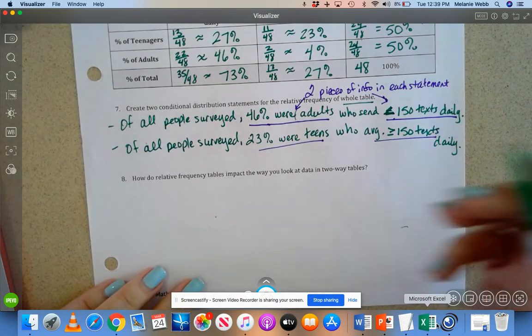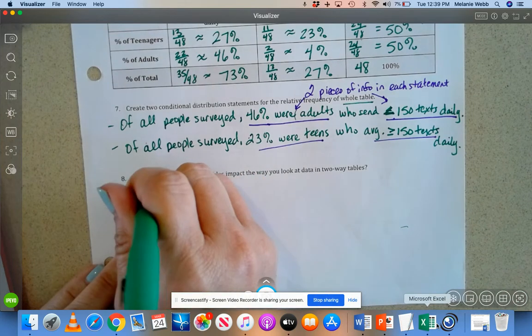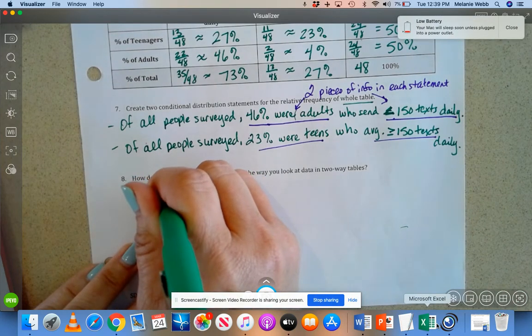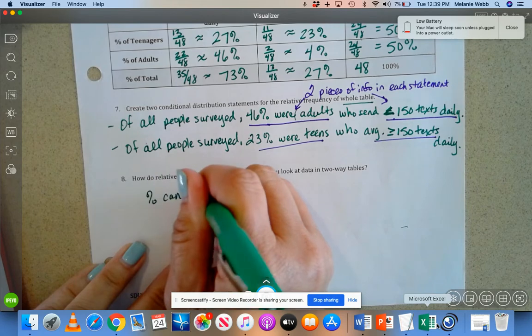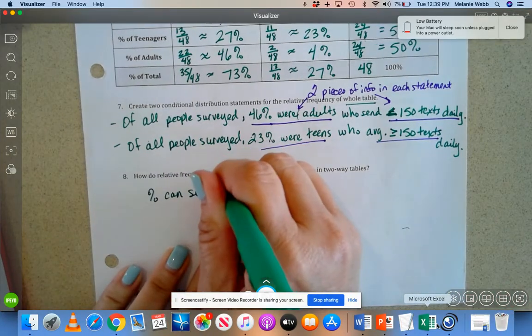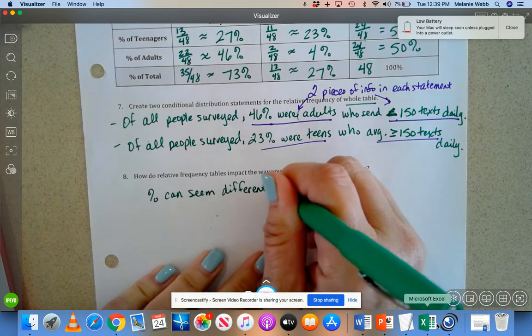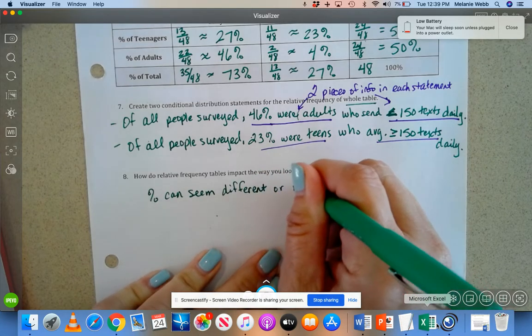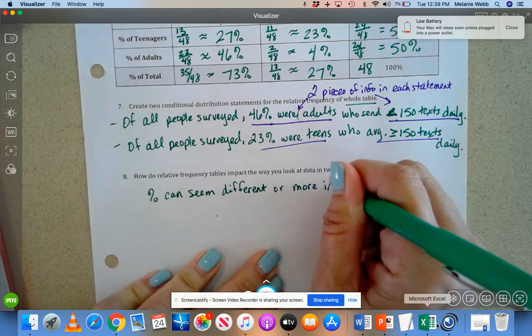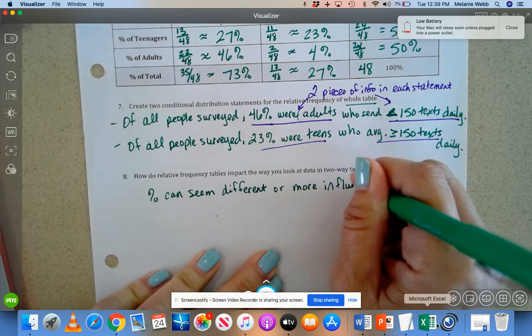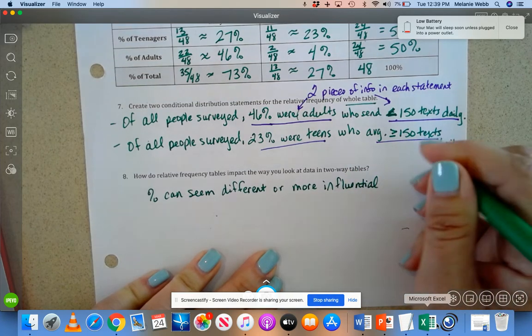So you could say something like percents can seem different or more influential. I hope I spelled that right.